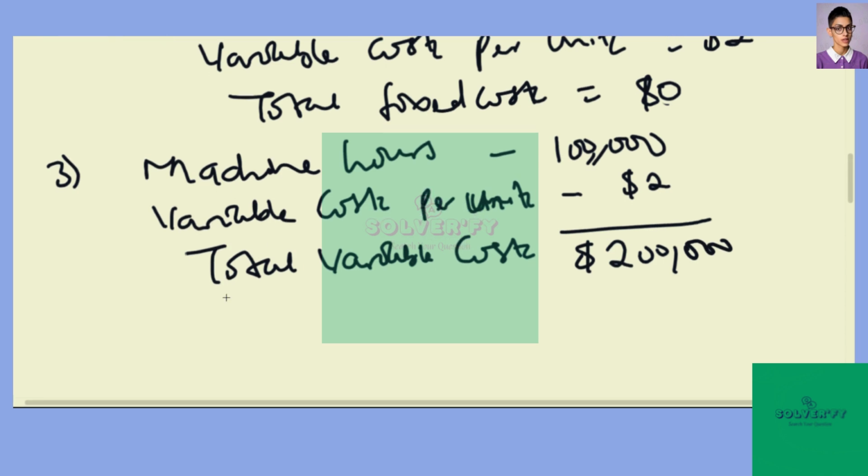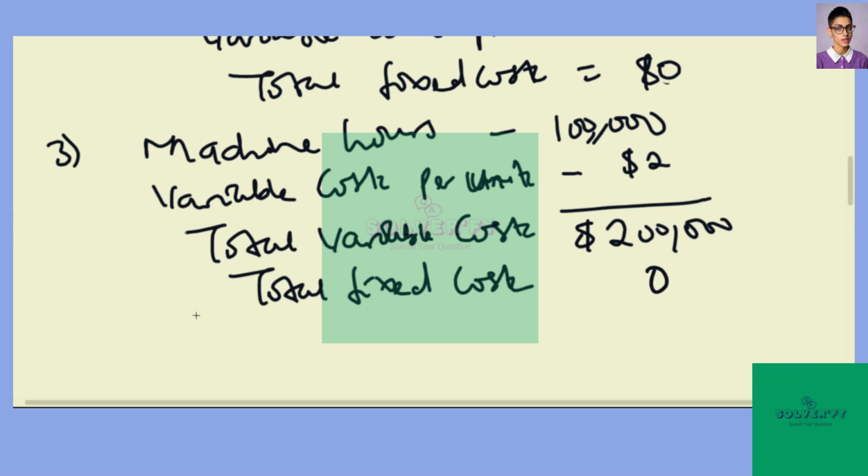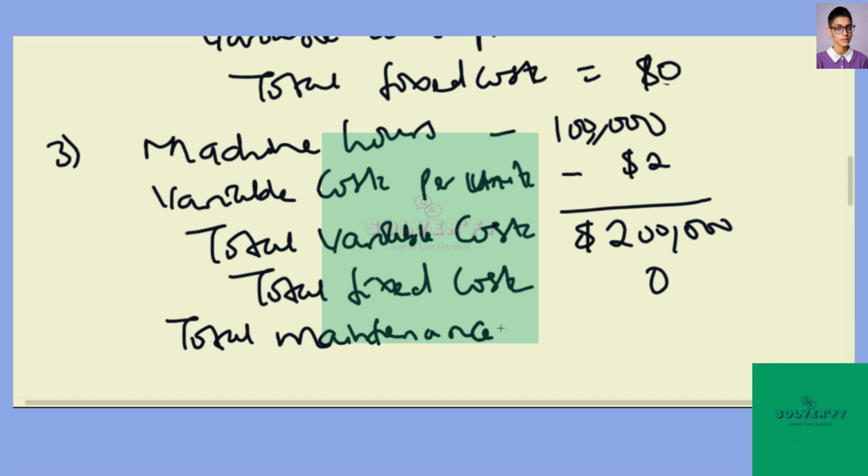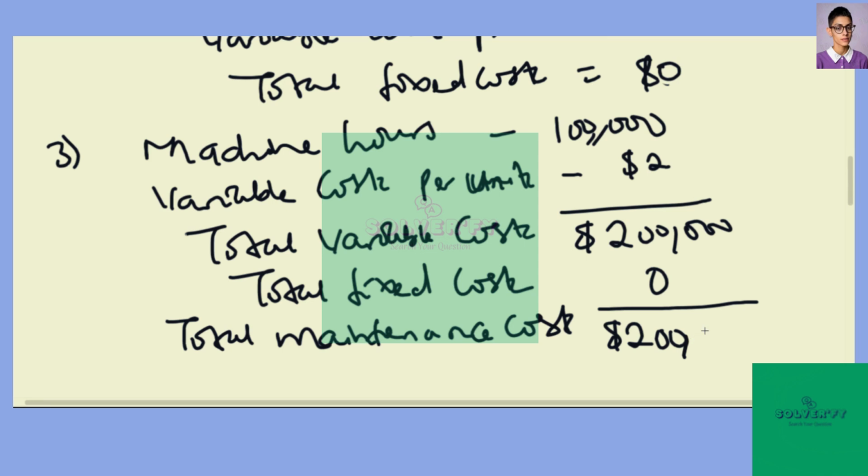And the total fixed cost is $0. So now therefore the total maintenance cost will be equal to $200,000. So this is the answer to the total maintenance cost.